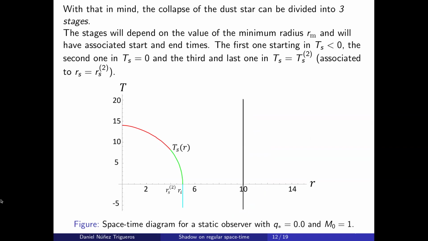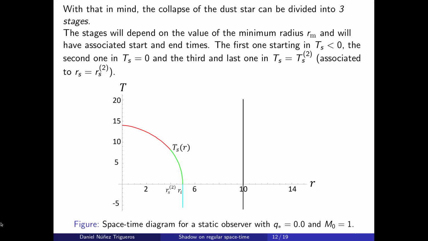I don't know if you could see the colors, but the first stage is blue, the second stage is green, and the final stage is red. So first stage, start. Your star is not collapsing. Second stage, your star starts to collapse, and it arrives at a point where your minimal radius becomes the radius of the photosphere.